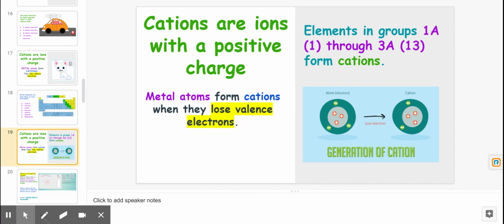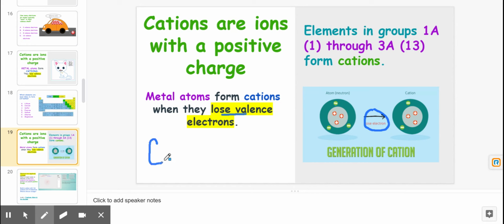Electrons have a negative charge. If we want to become positive, we can do that by getting rid of negative stuff. So we will get rid of electrons in order to become positive. So they lose electrons to become positive.